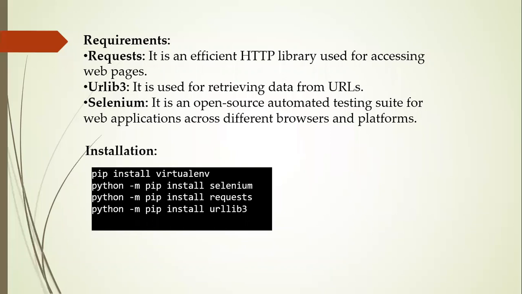It is an open source automated testing suite for web applications across different browsers and platforms. Installation. pip install virtualenv, python -m pip install selenium, python -m pip install requests, python -m pip install urllib3.